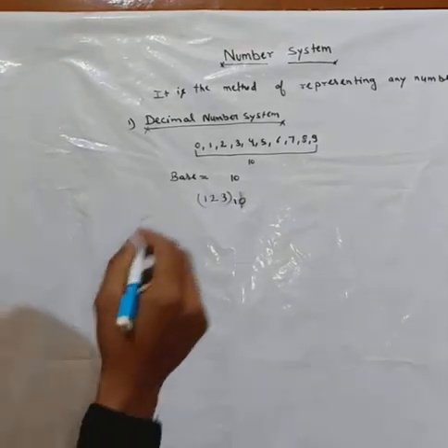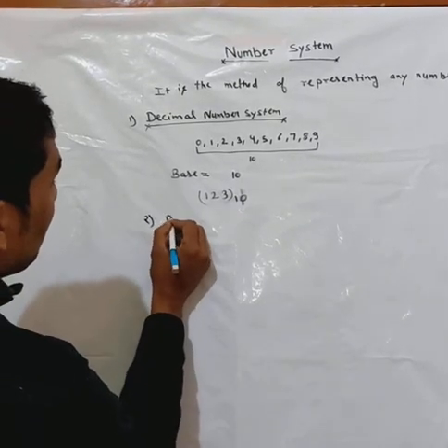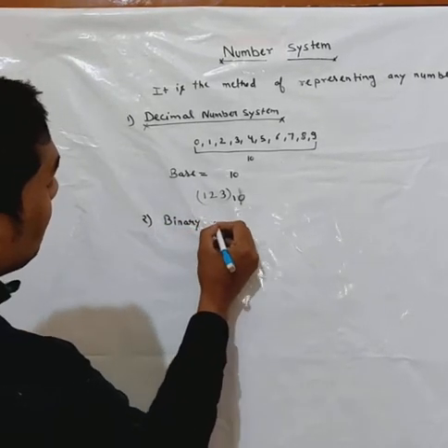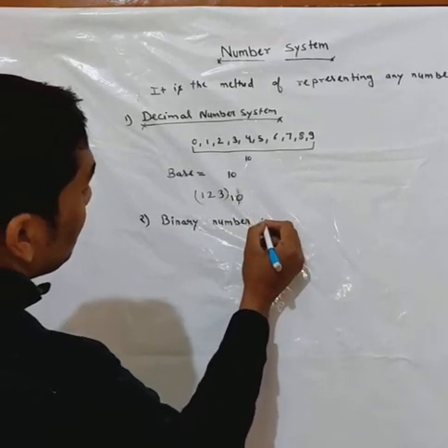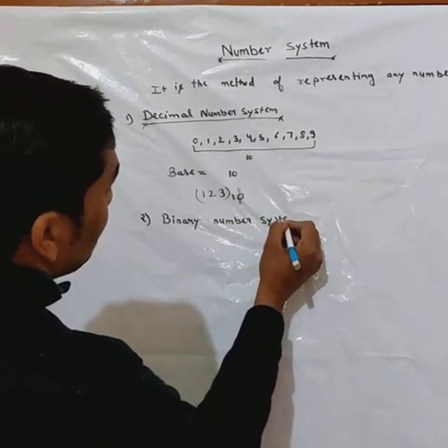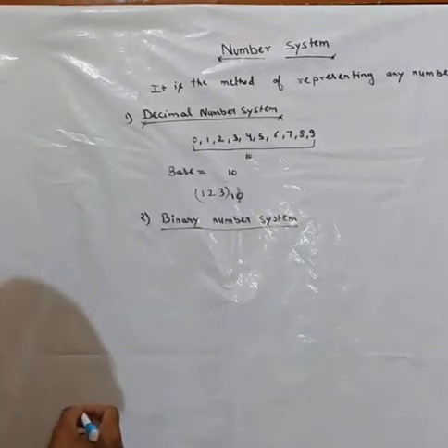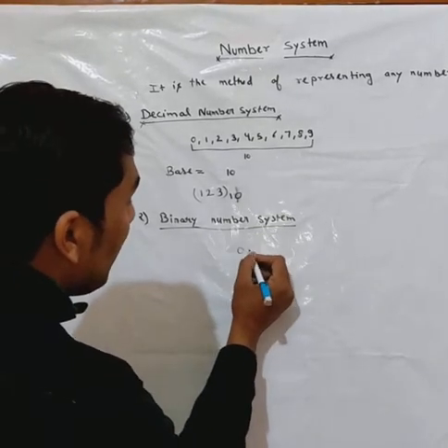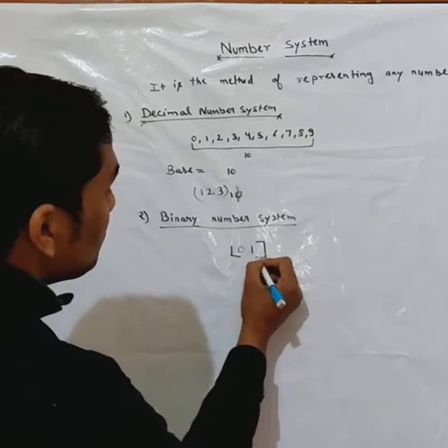And the second is binary number system. Basically, in this number system, 0 and 1 are being used.